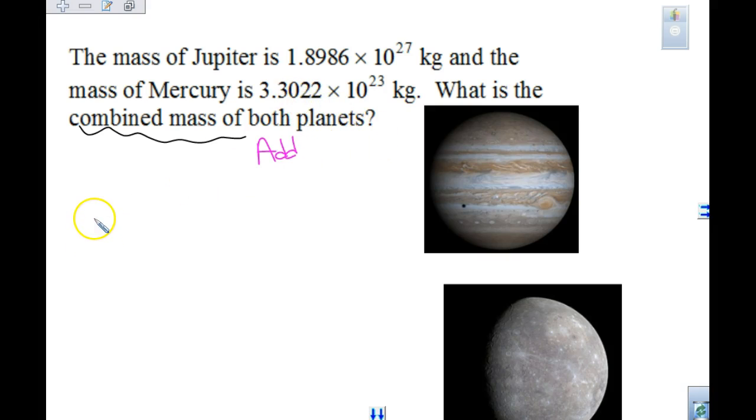So we are going to write the 1.8986 times 10 to the 27. My second one has to be 10 to the 27. So this was 23 places. That means I'm going to have 23, moving it over 23. So this would be 24, 25, 26, 27.